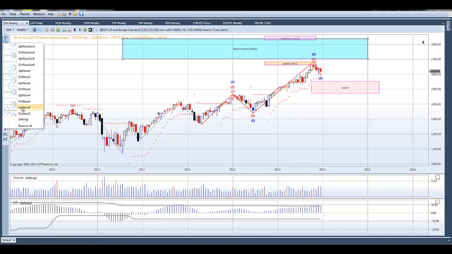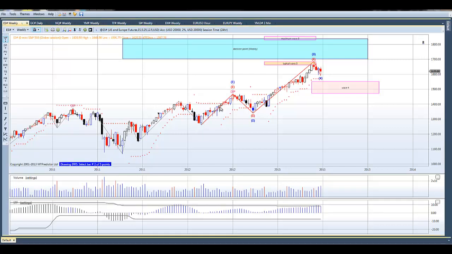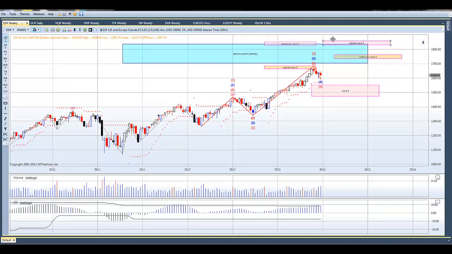We're going to go up wave 1, 2, 3, 4, and 5. So there's the minimum wave 5 target here, and here's the typical wave 5 target. That all runs right within this decision point.